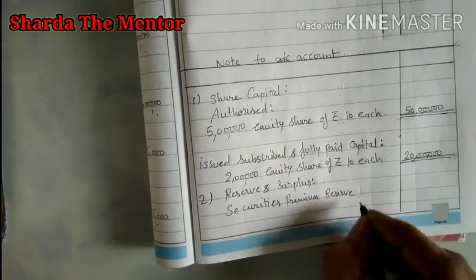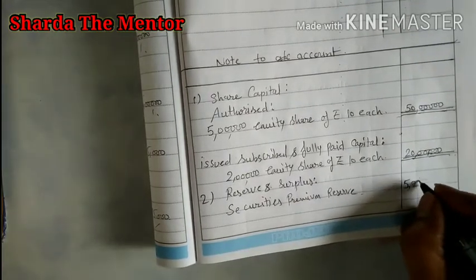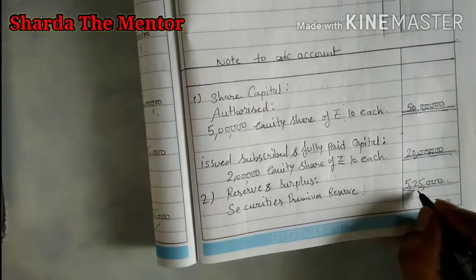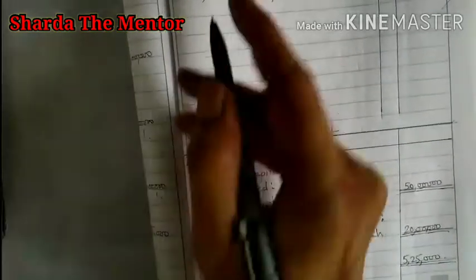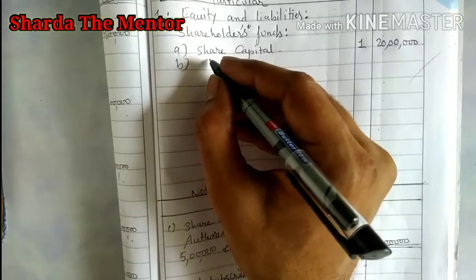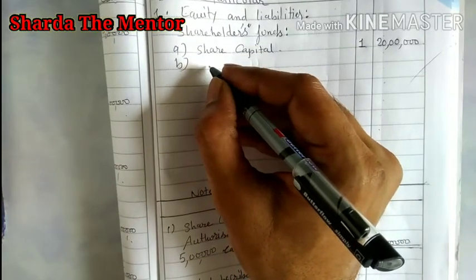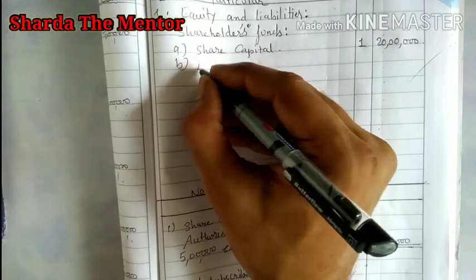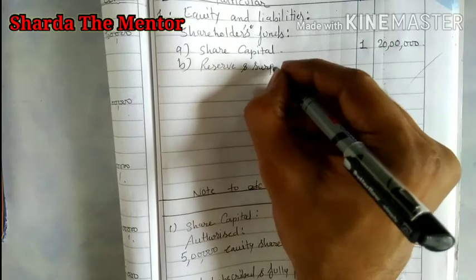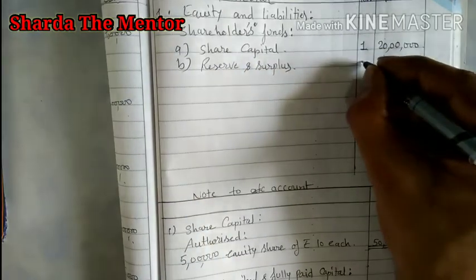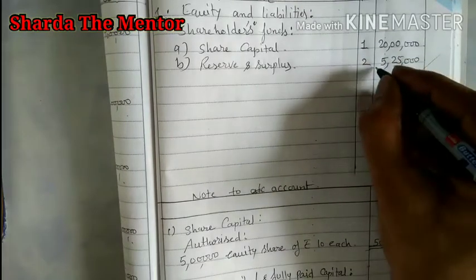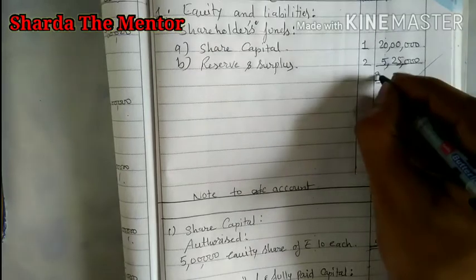Security premium reserve, that is total 5 lakh 25,000, that we will show here in the shareholders fund. As you already know, reserve is considered as a liability. So in reserve and surplus you will show 5 lakh 25,000. So total amount, that is 25 lakh 25,000.